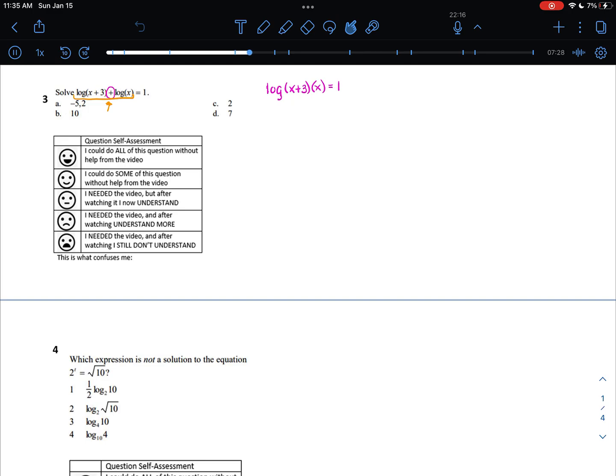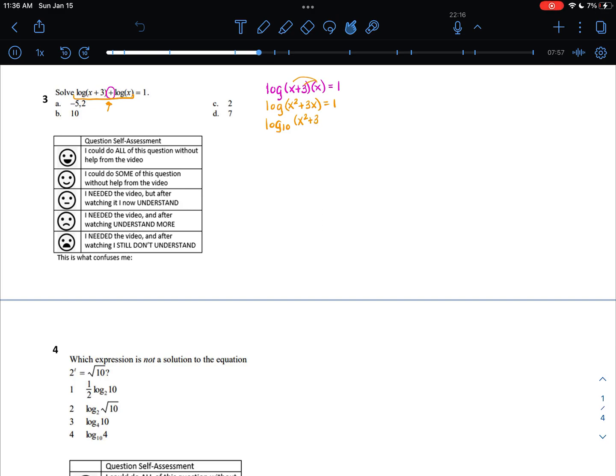The next thing I'm going to do is distribute out the x to each the x and the positive 3. So I get log of x squared plus 3x, and that's all equal to 1. Next, I'm going to remember that even though there's no base written, there really is the base of log base 10.